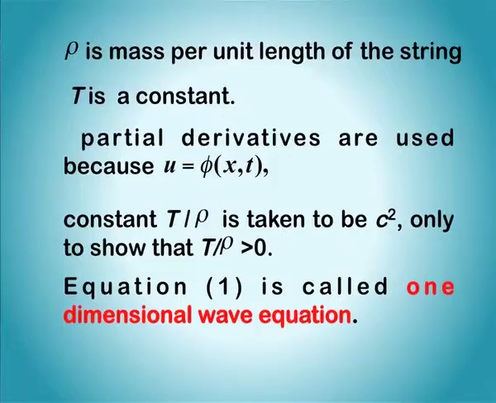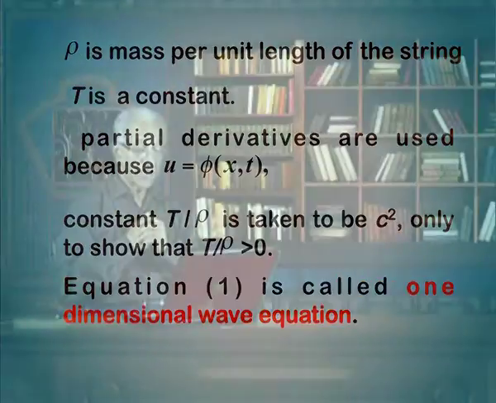Both are constants, so I can replace it with any other constant, c square, only to show that T upon rho is a positive quantity greater than 0. So, with all these notations, with all these three assumptions, equation 1 is called the one-dimensional wave equation, the equation which we have studied.